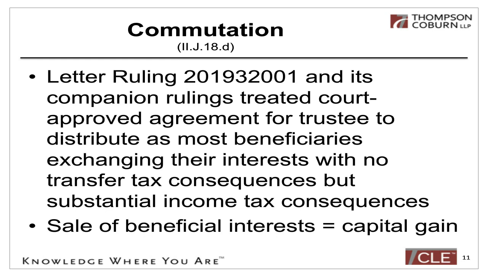And the trustee did that under the cover of a court-approved agreement that said that the trustee could do that. Now, in that trust, there was mandatory income to the life tenant, and there were no provisions for principal distributions. So it's kind of hard to just say that the trustee just distributed the beneficial interests as they were to the people, because there was a change in their interests. So this was a commutation.